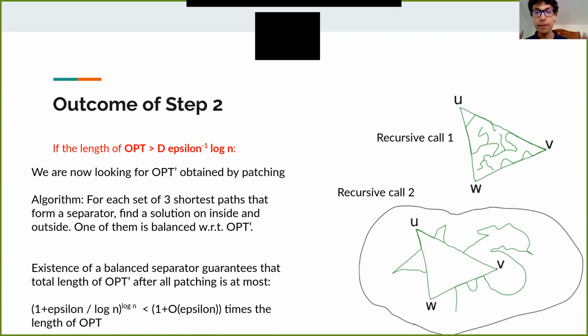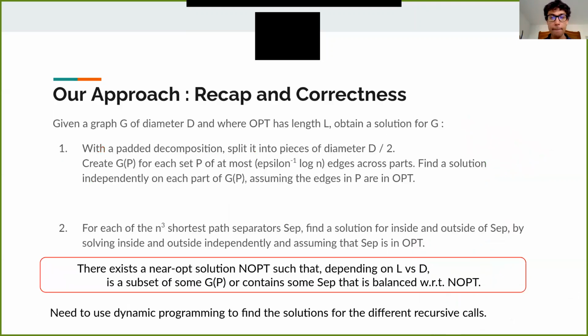And the fact that I'm picking a balanced separator each time ensures that I'm going to repeat at most log n times. So the total error I'm going to get out of these patching steps is going to be at most 1 plus epsilon overall. Okay.